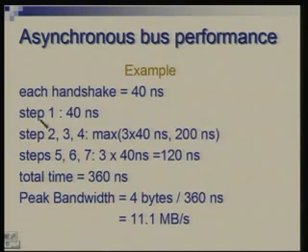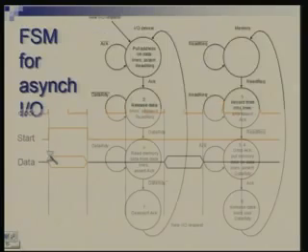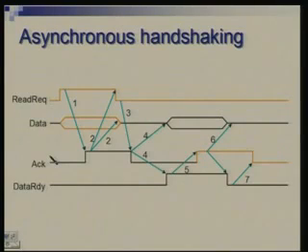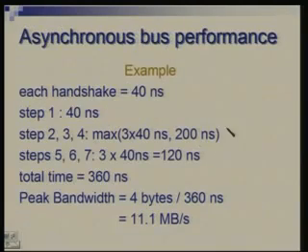So now these steps 1, 2, 3, 4, 5, etc. pertain to this diagram. This is a chain of events 1, 2, then 3, 4, 5, and 6, followed by 7. So the first step takes 40 nanoseconds.